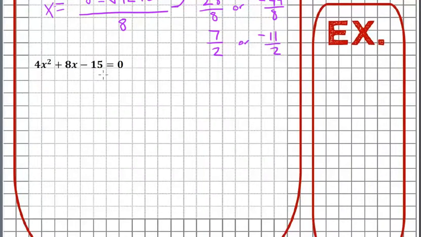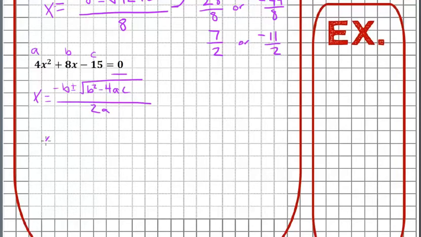Again, it is already set equal to 0, which is what we need. And now we have an a of 4, a b of 8, and a c of negative 15. Let's write out our quadratic formula. x equals the opposite of b plus or minus the square root of b squared minus 4ac all over 2a.